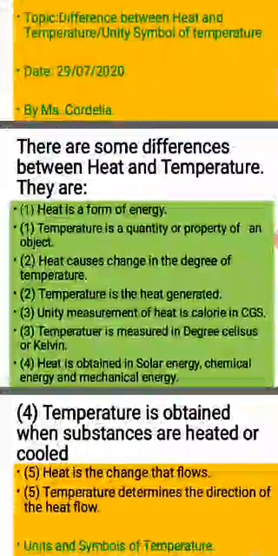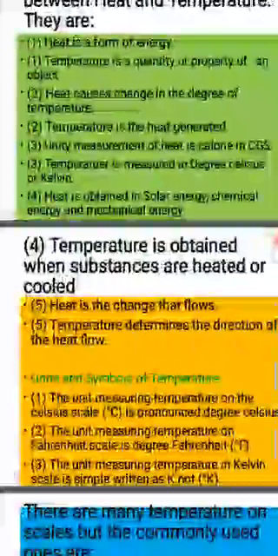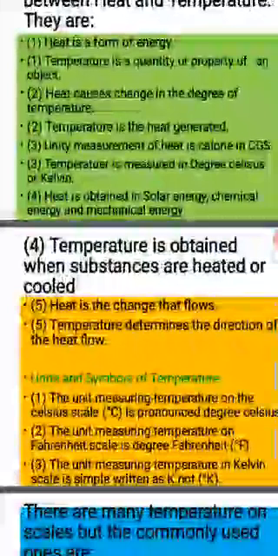Then the unit of measurement is Kelvin or centigrade. The temperature is measured in degrees Celsius, Kelvin, or Fahrenheit. Then we said that temperature is obtained when substances are heated or cooled. So it determines when the weather should be cool or hot.